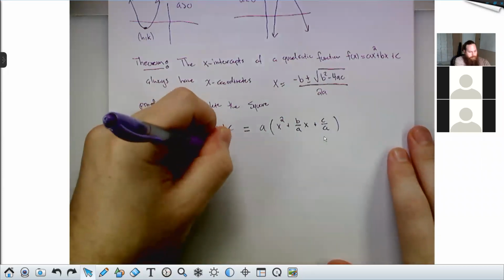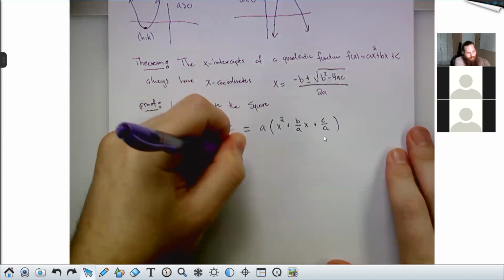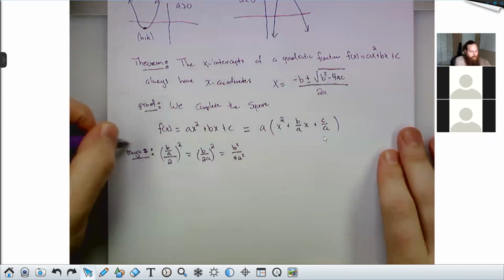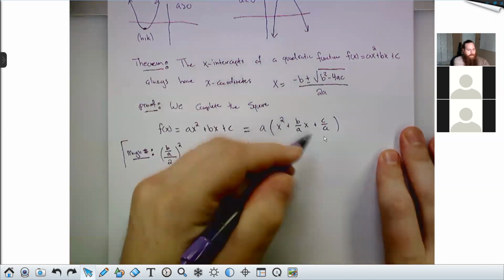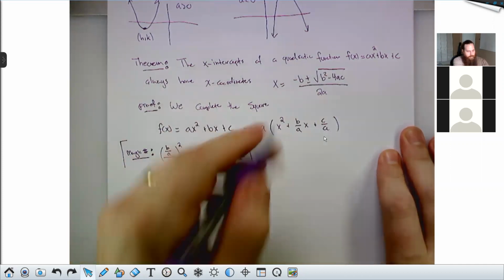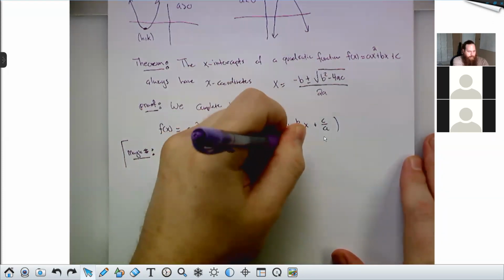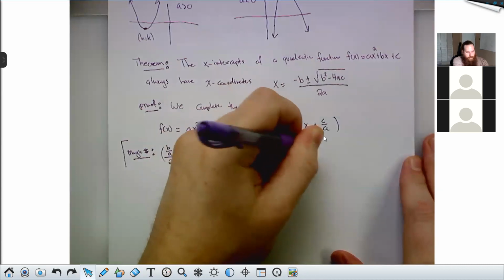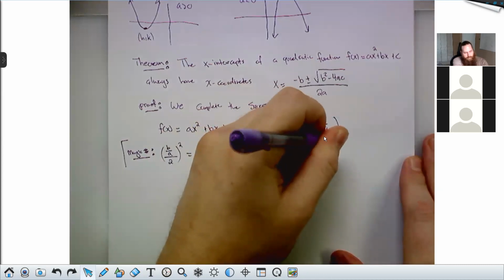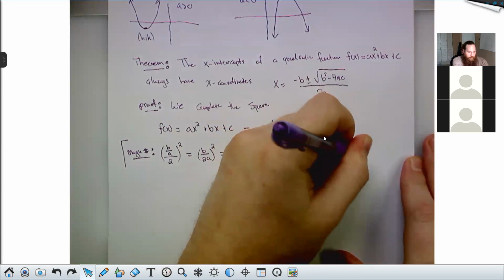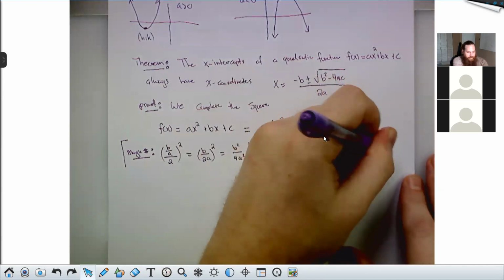Which is b squared over 4a squared. Now I take that magic number and I add it and subtract it right after the x term. So this is a, open big paren, x squared plus b over a x plus b squared over 4a squared minus b squared over 4a squared plus c over a.